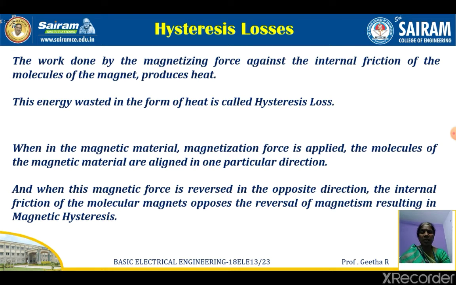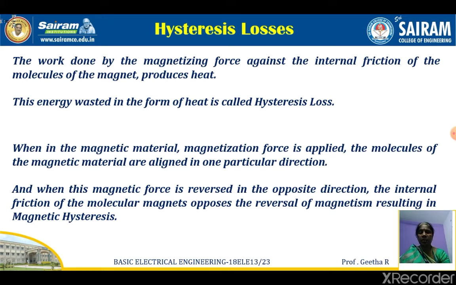When magnetization force is applied in a magnetic material, the molecules of the magnetic material are aligned in one particular direction. And when this magnetic force is reversed in the opposite direction, the internal friction of the molecular magnets opposes the reversal of magnetism, resulting in magnetic hysteresis. So you are applying the alternating voltage to the primary of the transformer. Due to that, alternating flux is introduced, or you can say alternating magnetic field.